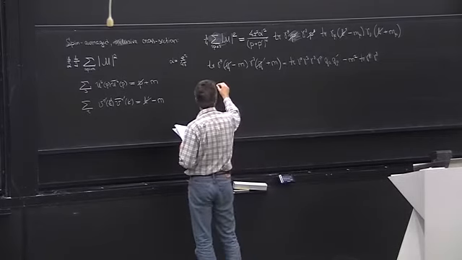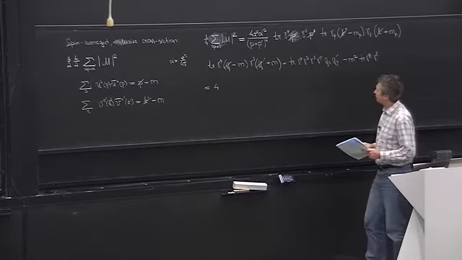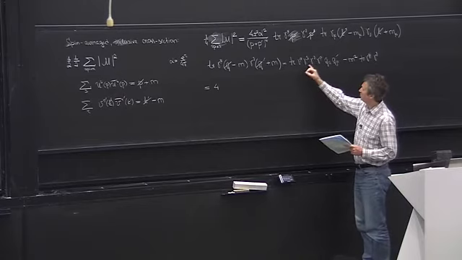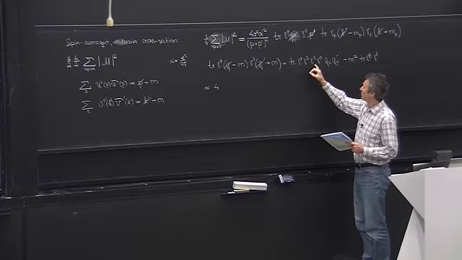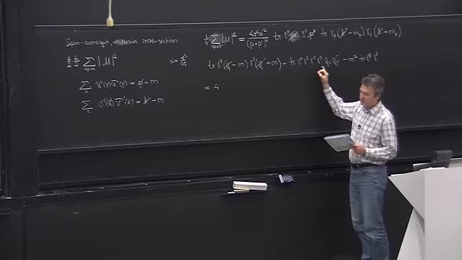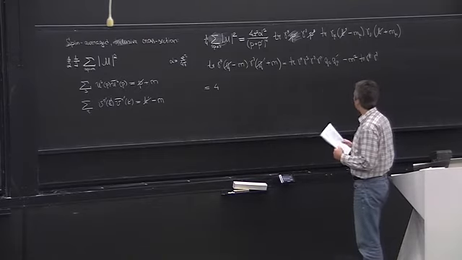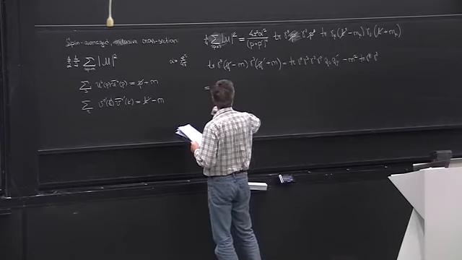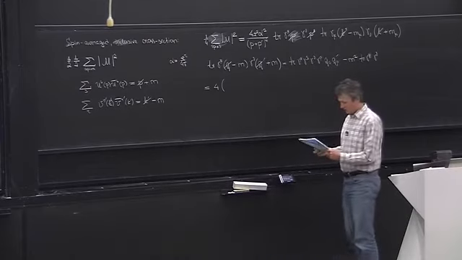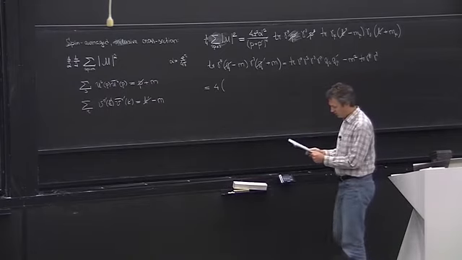I think it's equal to 4 times the g mu nu g lambda rho, and then summed over all pairs with various signs. So let me see if I will be able to remember the formula correctly.